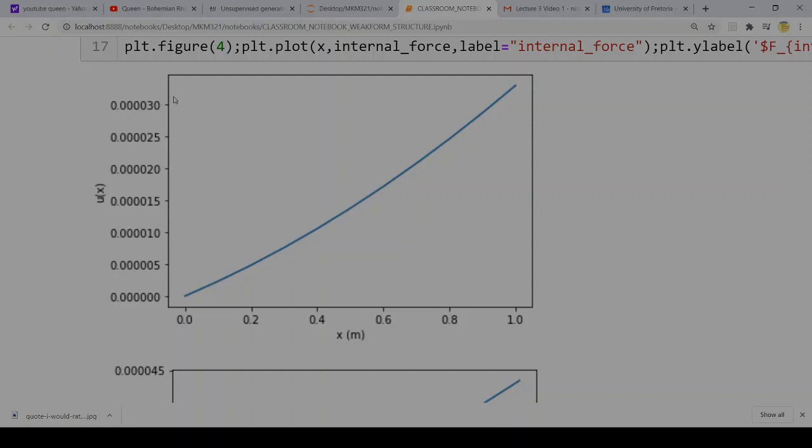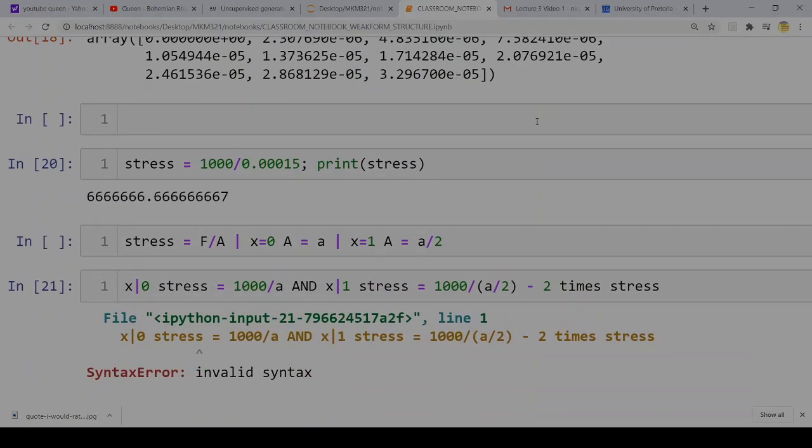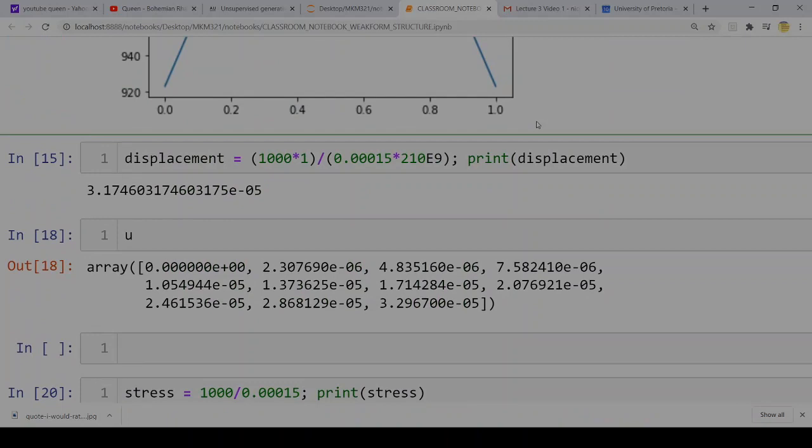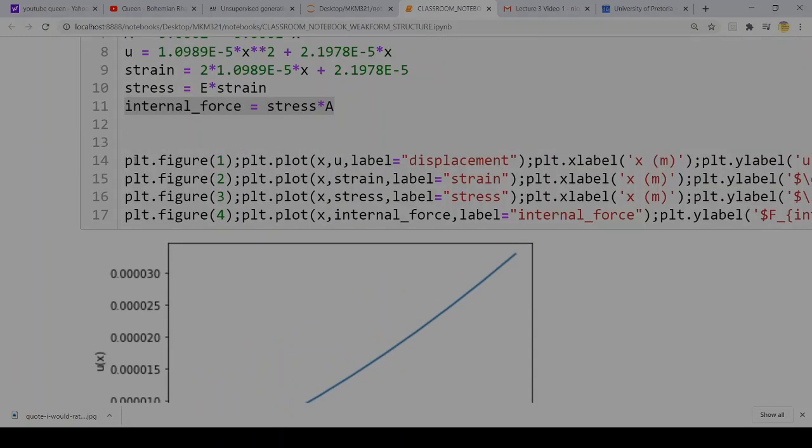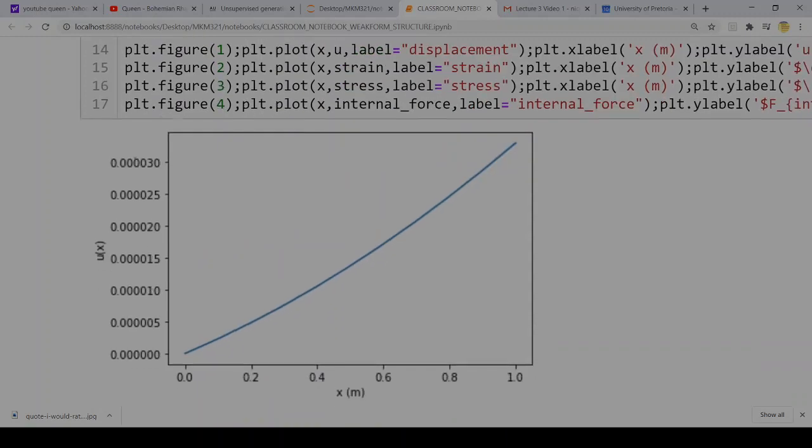We can then ask, can't we just estimate? Is this tip displacement even in the right ballpark? So let's do a hand calc, a sanity check. We could compute it from our relationship for a bar. I'm going to make an assumption to do a quick estimate.